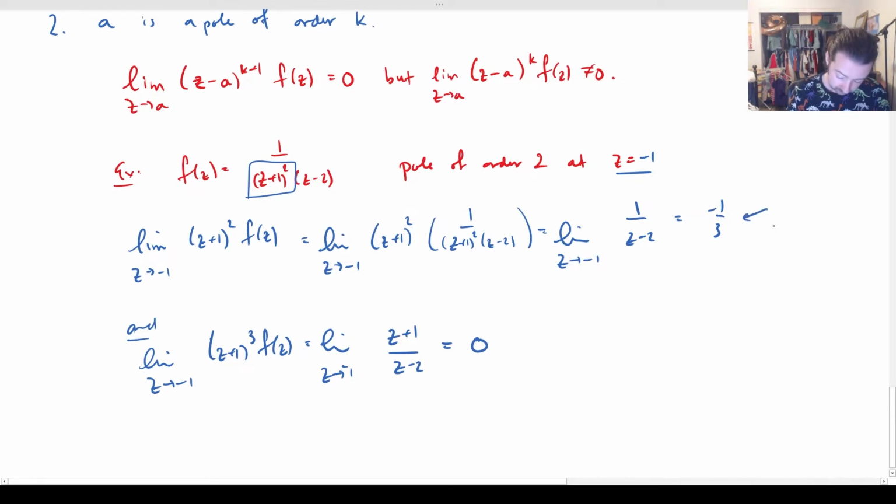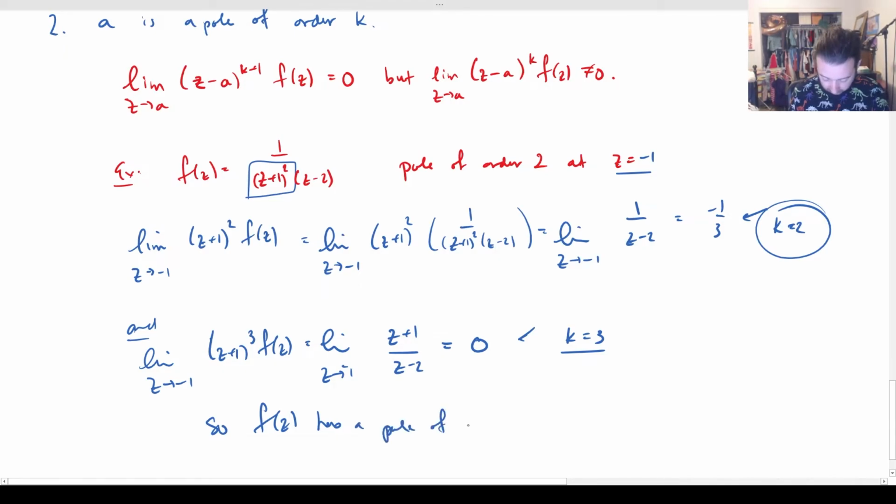So we got a non-zero limit for k equal to 2, and a 0 limit for k equal to 3. The condition says that this means this is a pole of order 2. So f of z has a pole of order 2 at z equals minus 1.